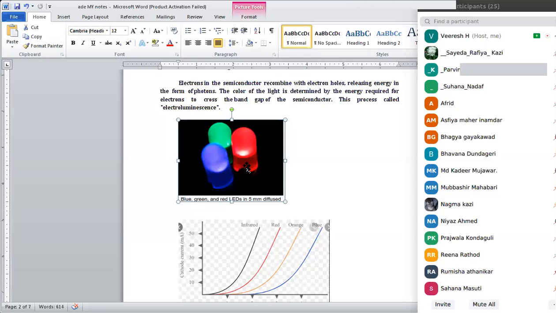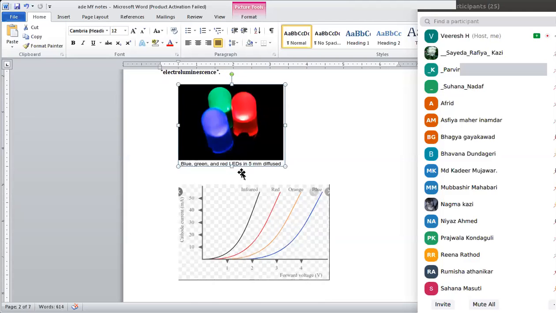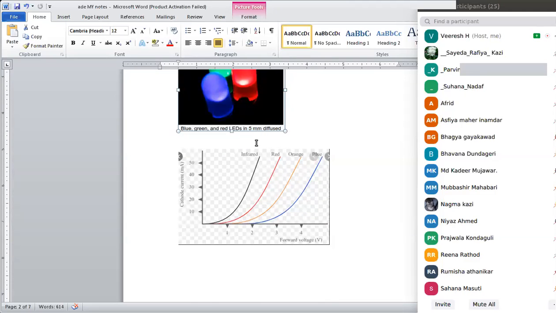There are different colors: red, green and blue. So it goes on like this. In the characteristics, we can see the cathode current in milliamperes against the forward voltage.